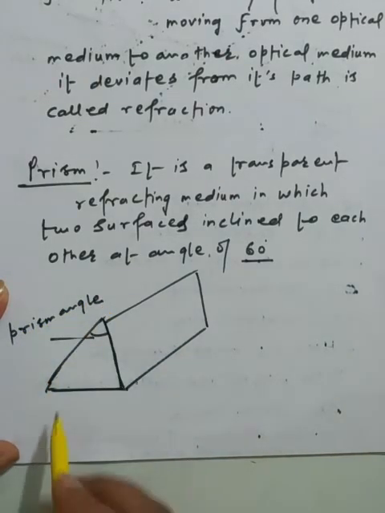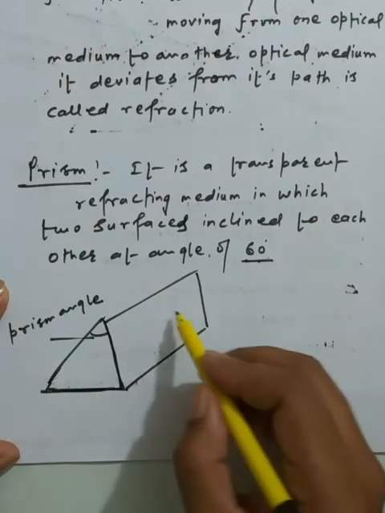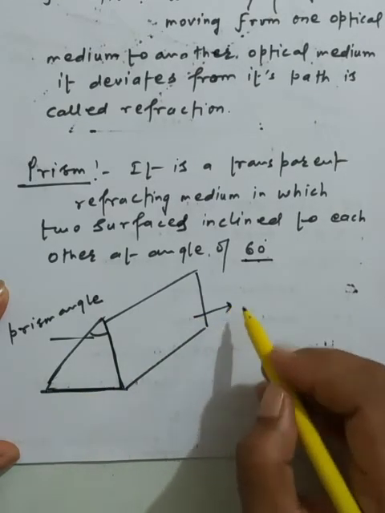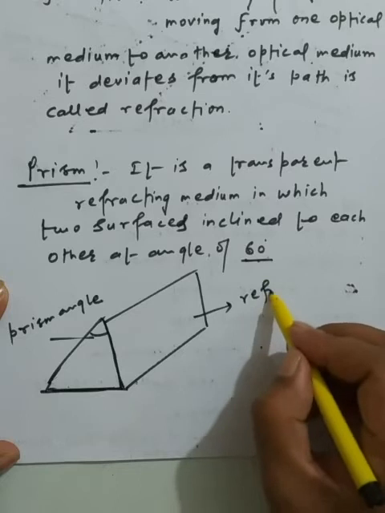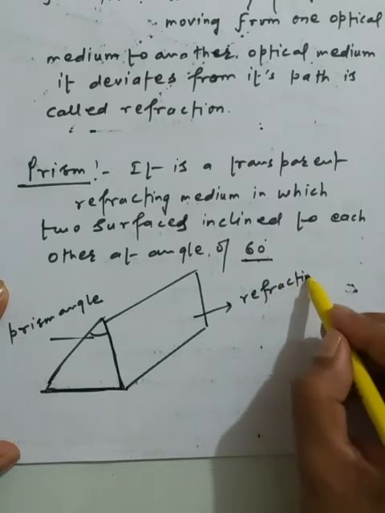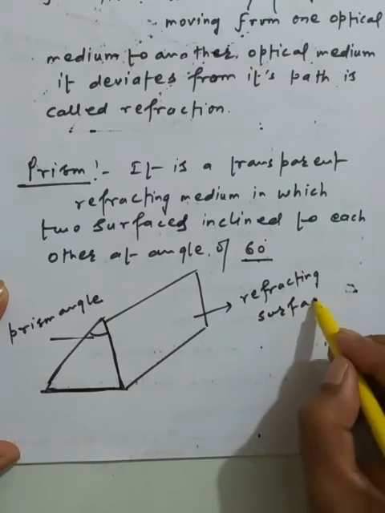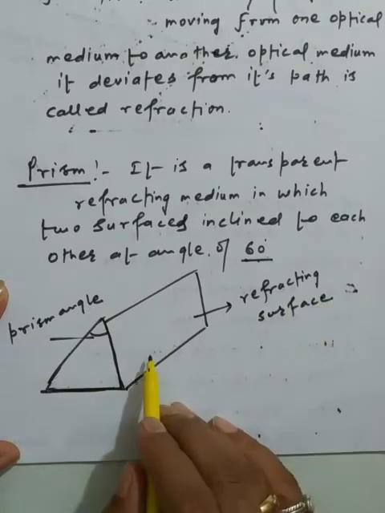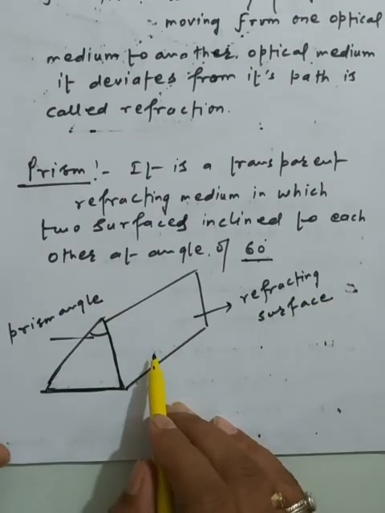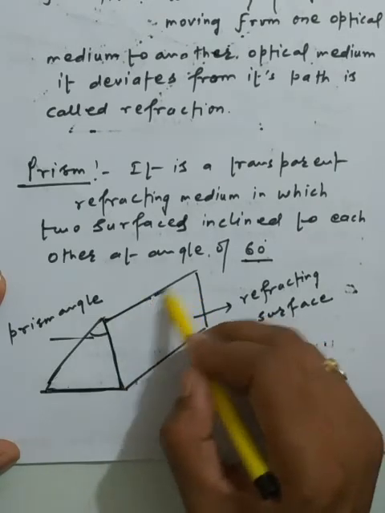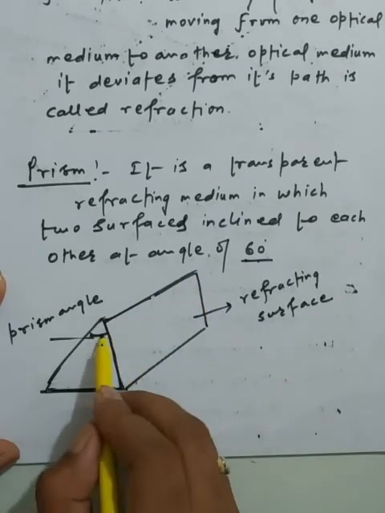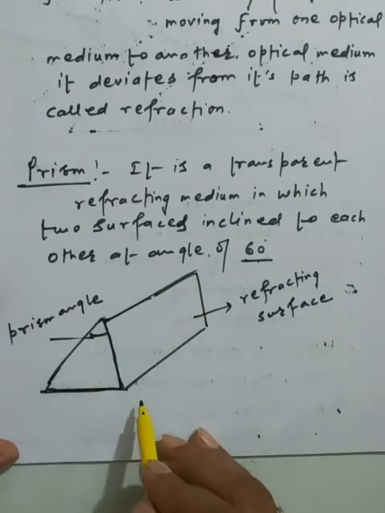This one is the front surface, that is called the refracting surface, and in the back of this part another surface is there. These both surfaces are inclined at a particular angle, that is called the prism angle.